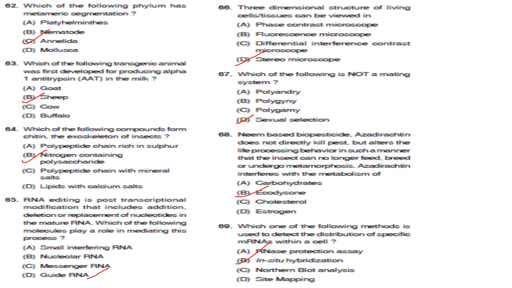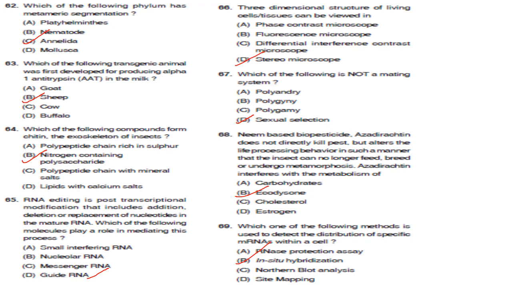The next one. Which one of the following methods is used to detect the distribution of specific mRNAs within a cell? So RNase protection assay is a highly sensitive technique developed to detect and measure the abundance of specific mRNAs in a sample of total cellular RNA. And in situ hybridization is used to localize sequences of RNA or DNA in a biological sample. And northern blot is for detecting specific RNA molecules among a mixture of RNA.